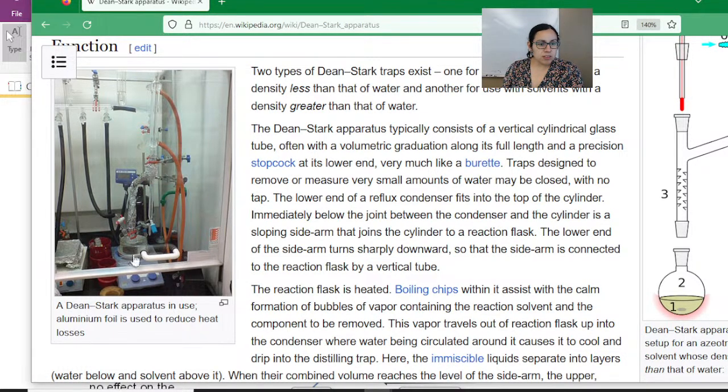And so basically this Dean-Stark thing is used anytime that you're trying to drive off water. And it could be several different reasons. So maybe your reaction produces water, and if you want to keep it going, then you want to, of course, remove the water, or maybe you're actually trying to remove water itself.